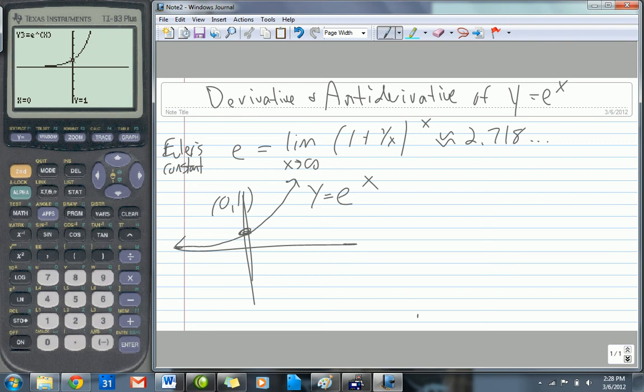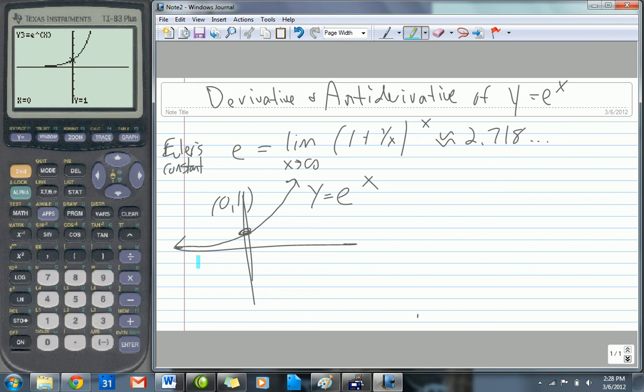That's what e to the x looks like. As x goes to negative infinity, the limit is 0, therefore it has a horizontal asymptote y equals 0. It gets closer and closer to 0 as x heads towards negative infinity. Positive range, all real domain, and so on.